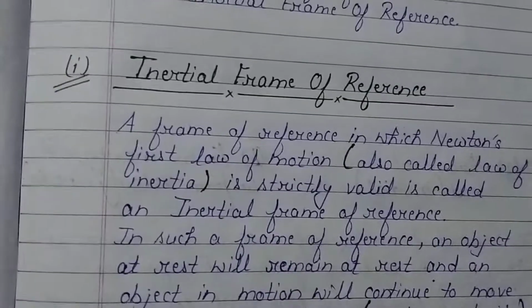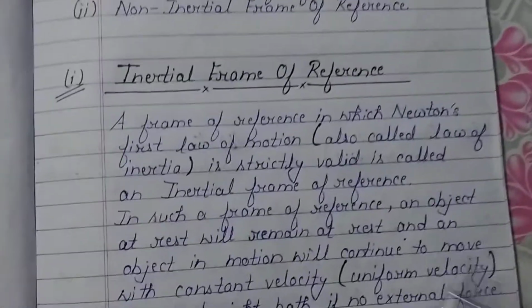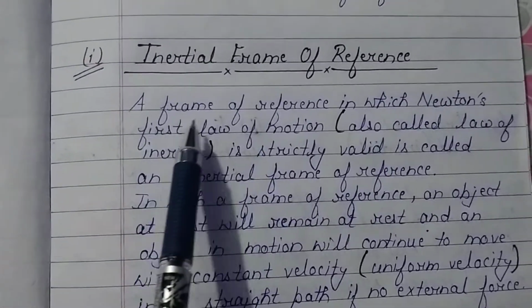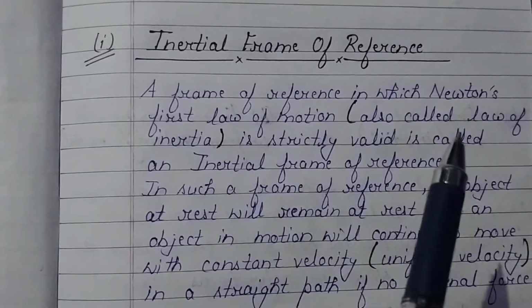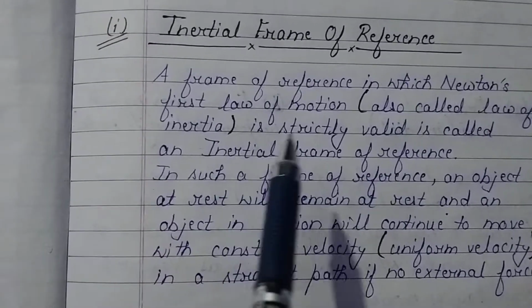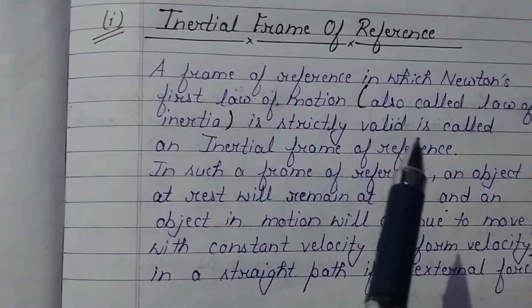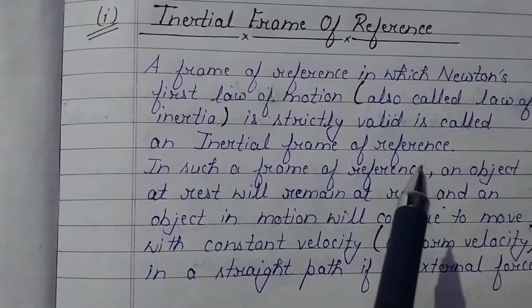So first, the inertial frame of reference. A frame of reference in which Newton's first law of motion, also called the law of inertia, is strictly valid is called an inertial frame of reference.